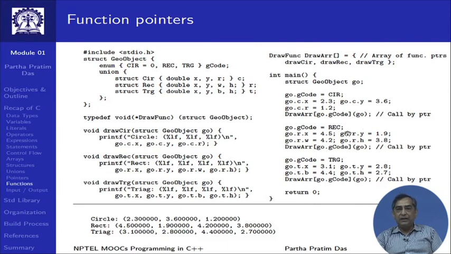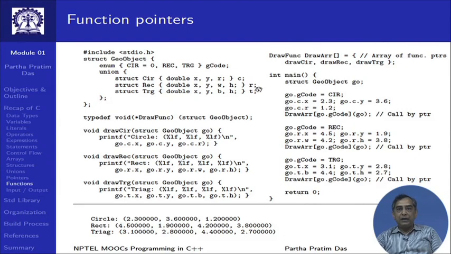But if my G code is REC and I want to call the draw, draw REC should get called, and so on. We want to make the call uniform, so that I do not really need to know what particular object I have at this point of time. What object I have is already a part of the object structure, because I have a G code, and then it should be possible that the corresponding function will get called.